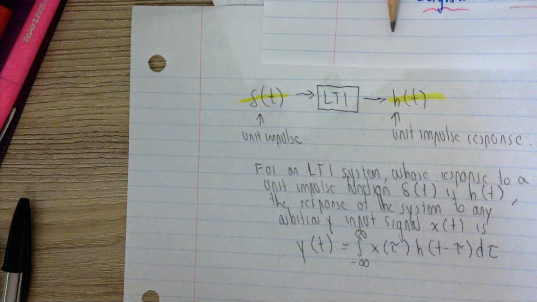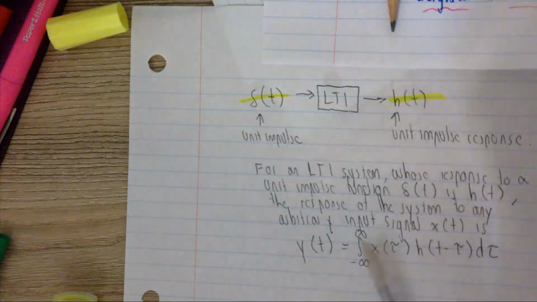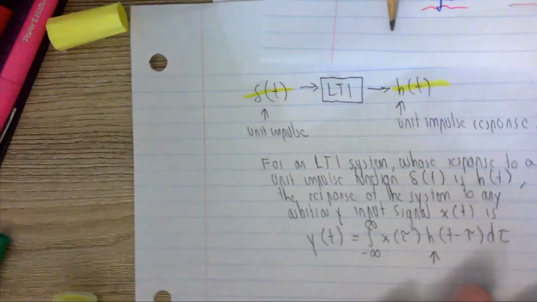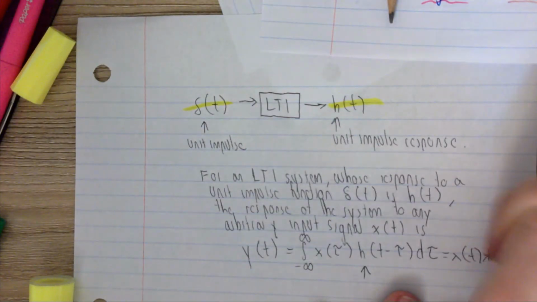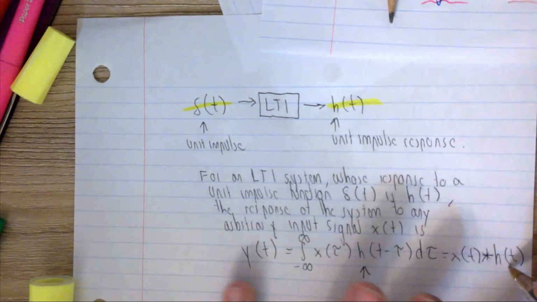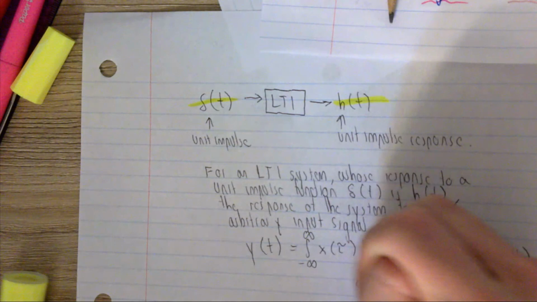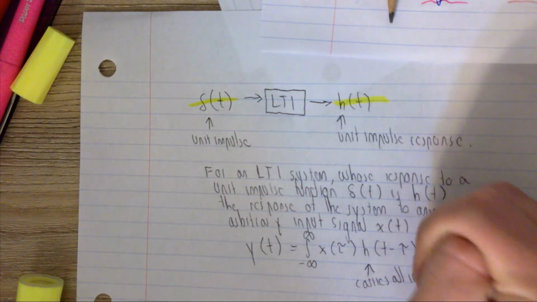And so what we're able to do, because this gives us all the information about the system, this h here for the unit impulse response, we can say that for any input then convolved with that unit impulse response is going to give us the output. And that's because h of t carries all the information about that system.